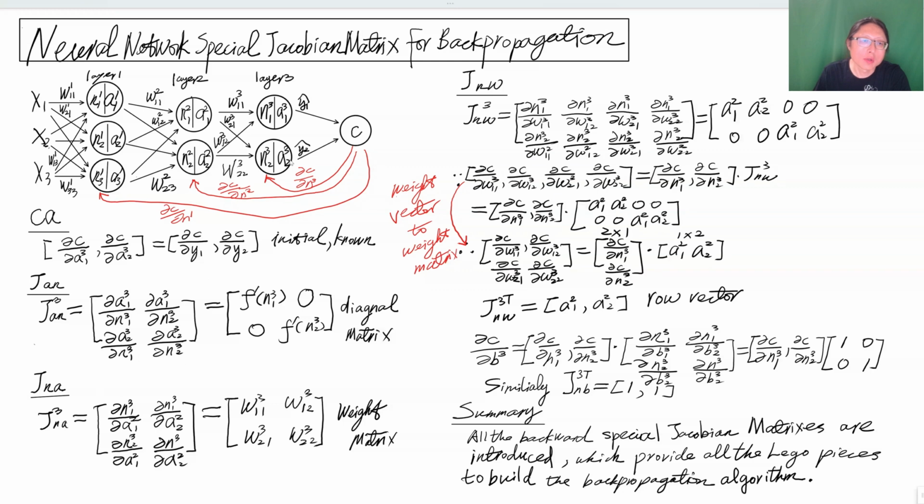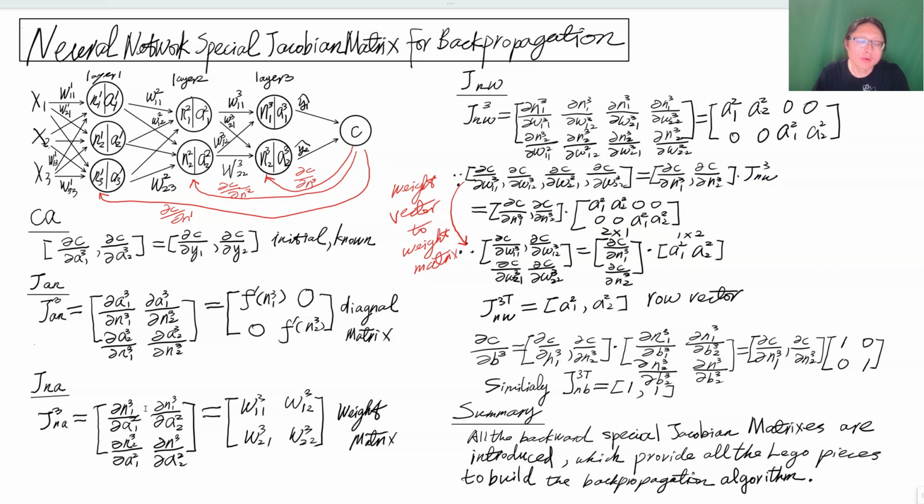So here we will talk about another simple Jacobian matrix. We basically jump from n to a, building the connection between the third layer's net input and the second layer's neuron output. For this one, I will just call it JNA, and for example, I use layer 3's, basically J3 sub NA.